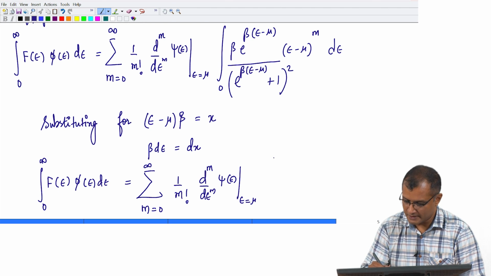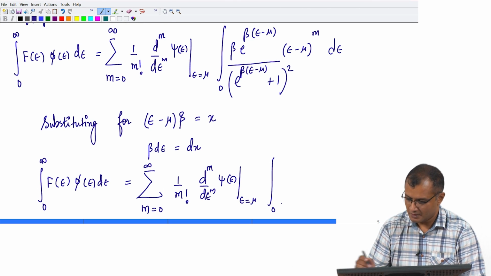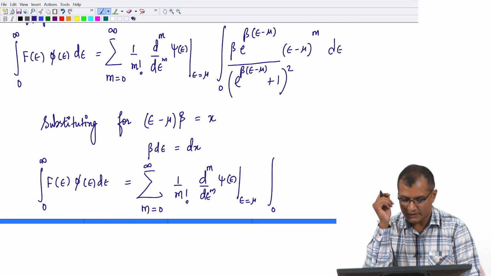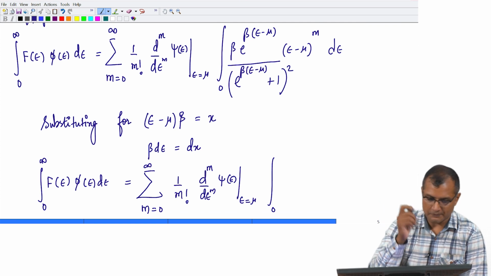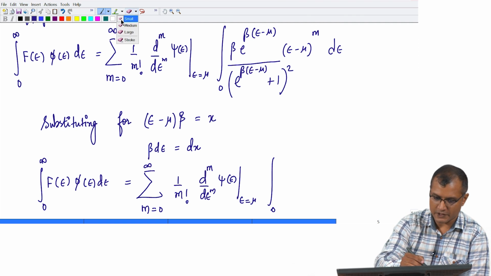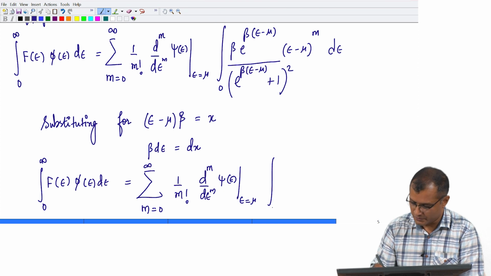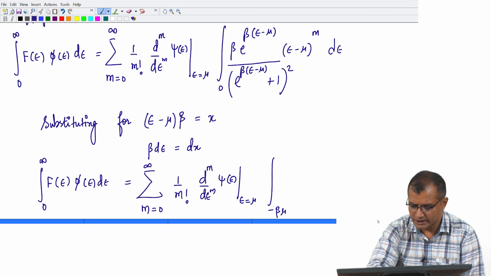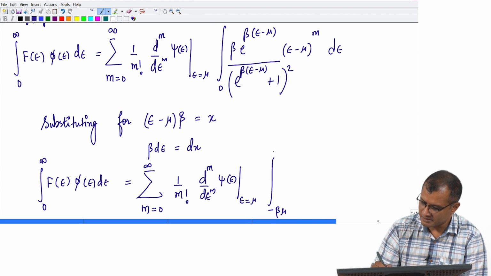Well, the lower limit when epsilon goes to 0 becomes minus mu beta. Okay. So, the lower limit will transform to minus mu beta because of the substitution I have made, and when epsilon goes to infinity, the upper limit remains infinity.